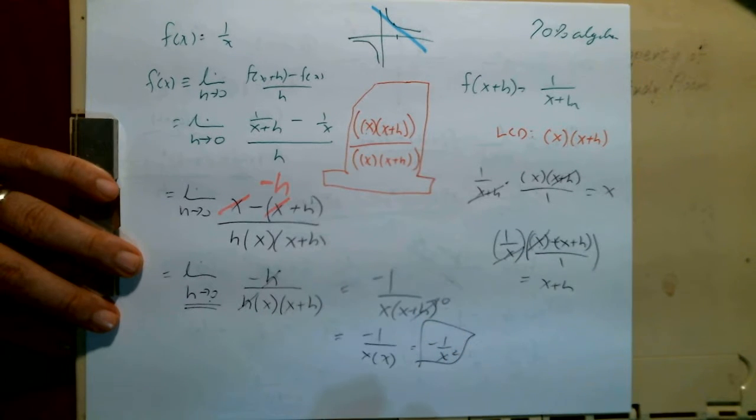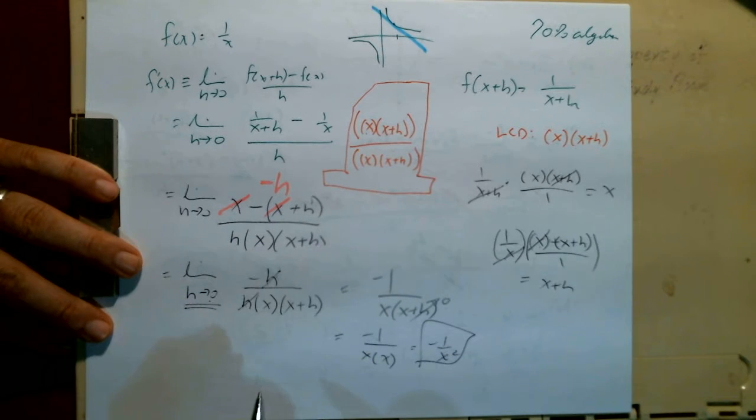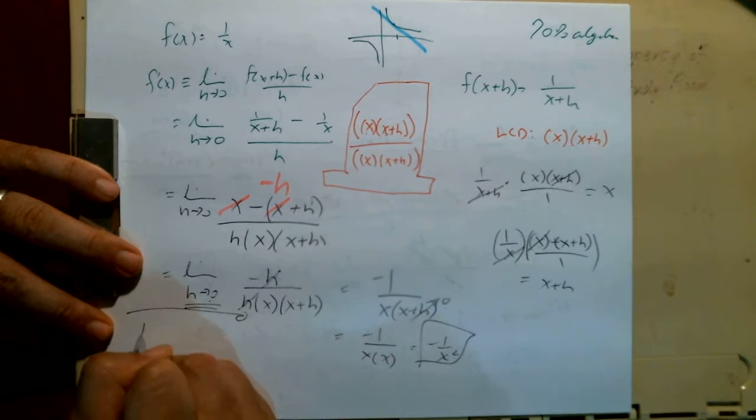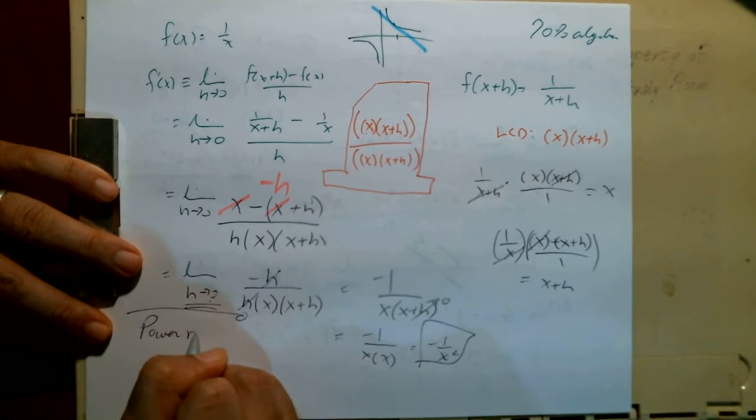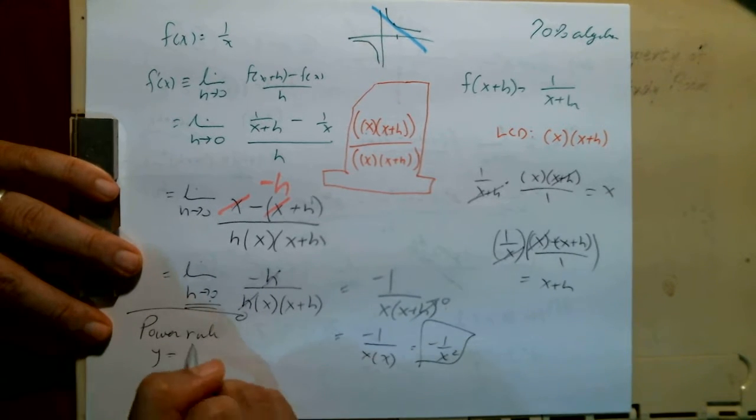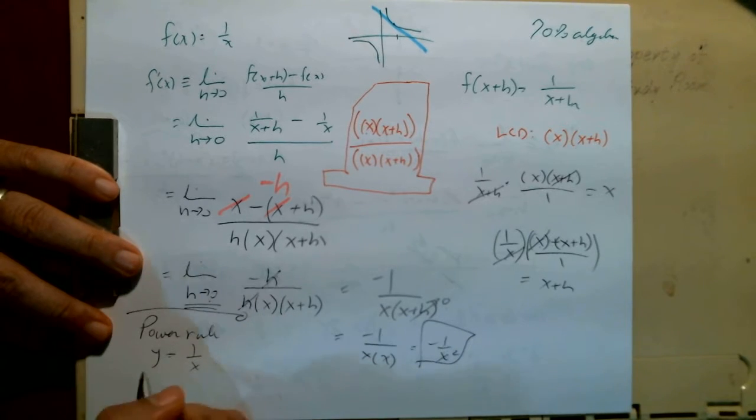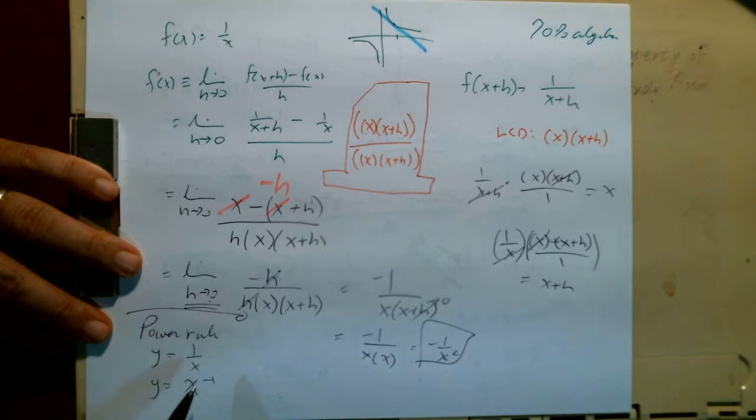If you remember from calculus AB, or if you've taken it, let's use the power rule, which is called the shortcut. y is equal to 1 over x. Rewriting this, we can write y equals x to the minus 1. Minus 1 tells me that it's in the denominator, so this is the same as this equation.